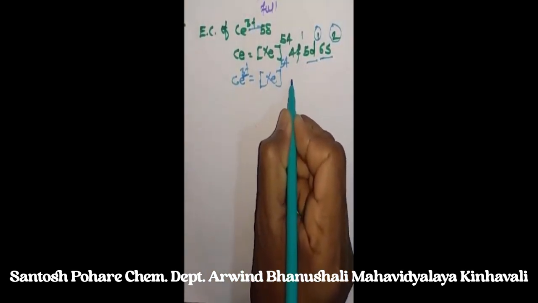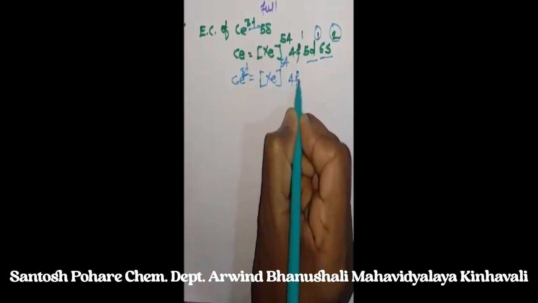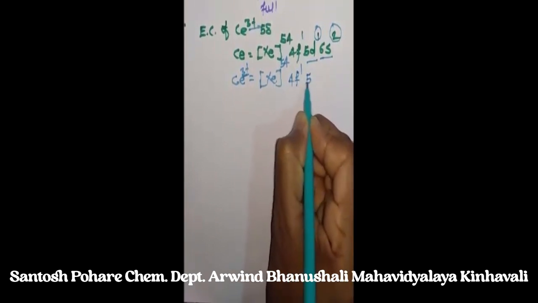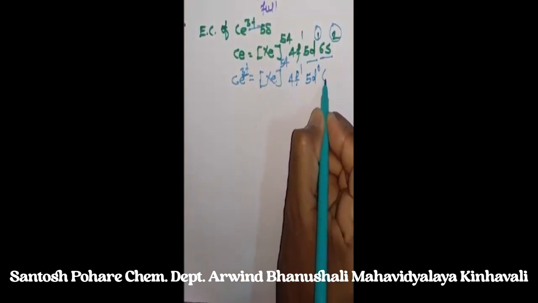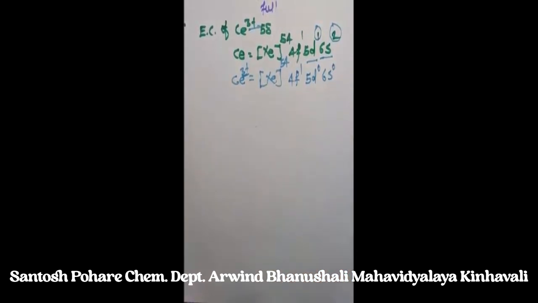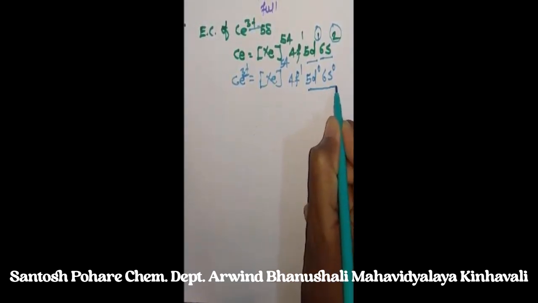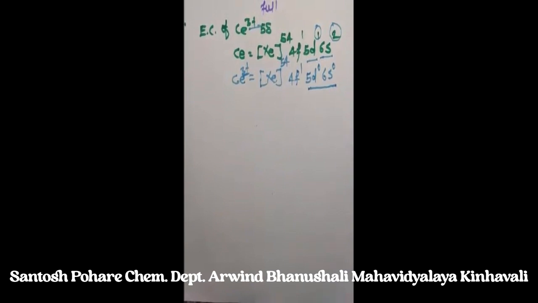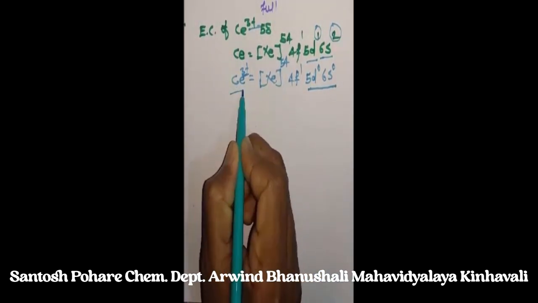So its electronic configuration will be 4f1, 5d0 and 6s0. So dear students, the 5d and 6s subshells lose the electrons and Cerium becomes a +3 ion.